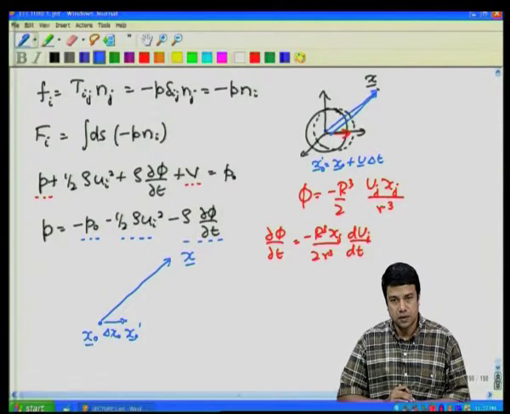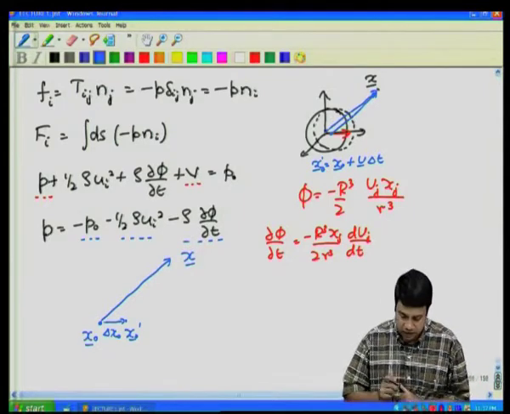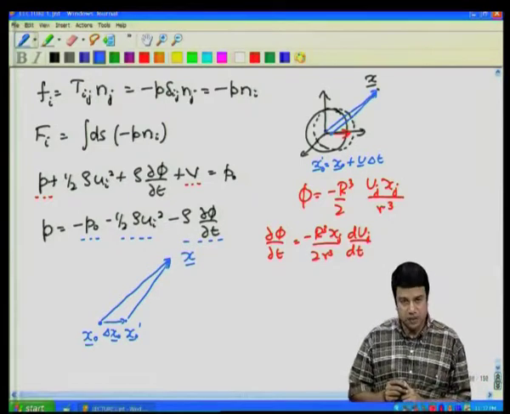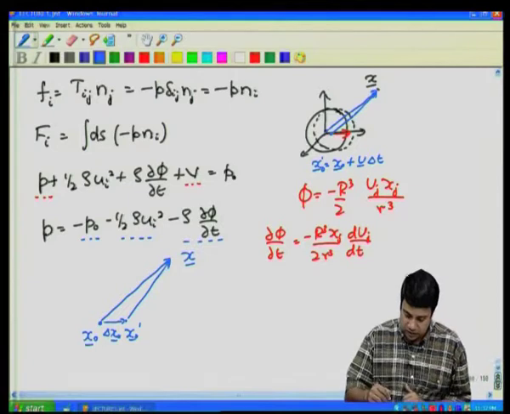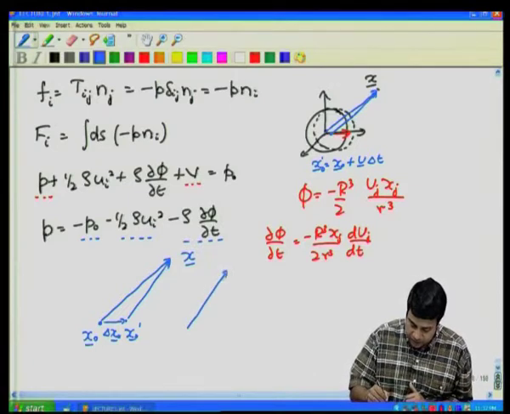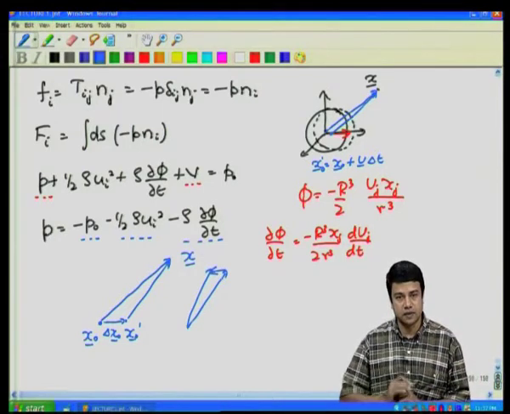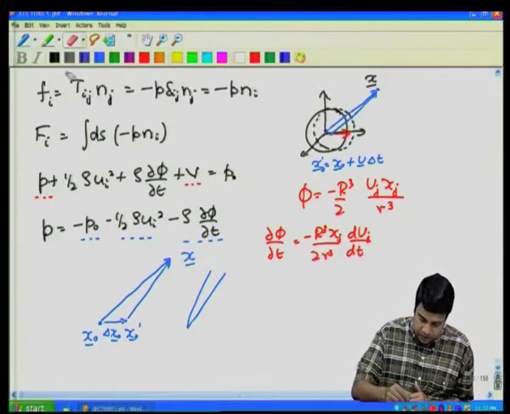The radius vector after the time delta t, when the origin of the coordinate system has moved a distance delta x naught, is this one. So, the change in radius vector is equal to the final minus the initial. I should be careful here, that is actually this one.